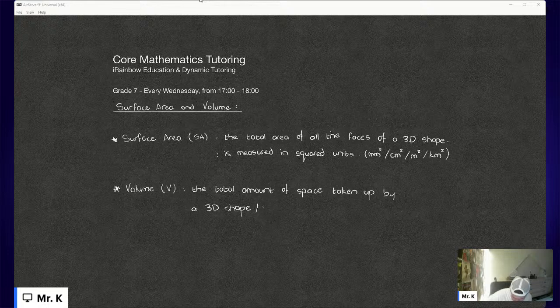Please pay close attention to how both surface area and volume relate to only 3D shapes. Okay, surface area we are going to touch on first, but before we do that, there's two more things I want to write down about volume. You need to keep in mind that when we measure volume, it is measured in cubic units.